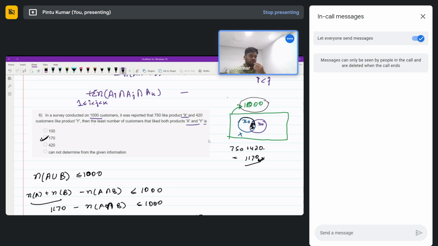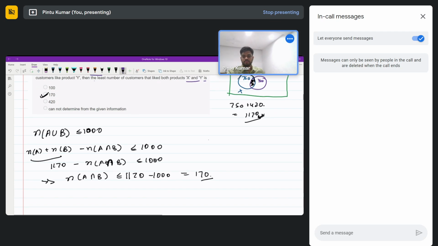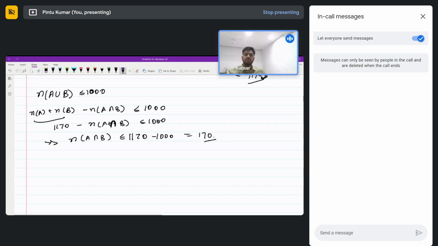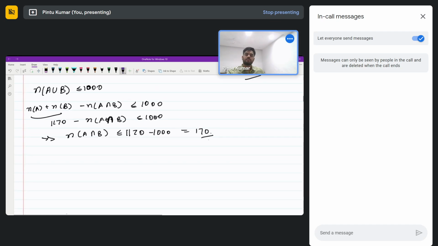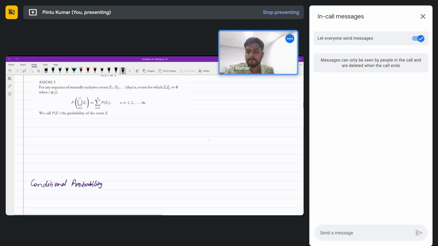If you have anything to ask, not just what I covered but whatever was there in the lecture related to set theory, you can ask right now. Okay, then I'll move to probability.